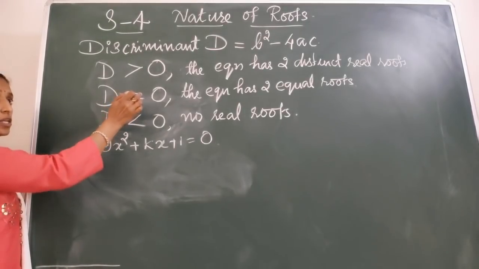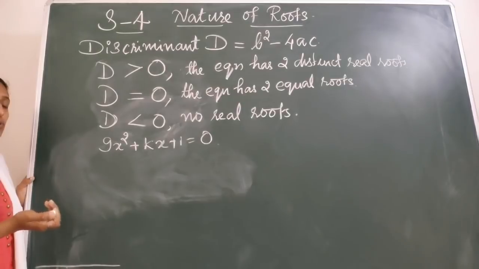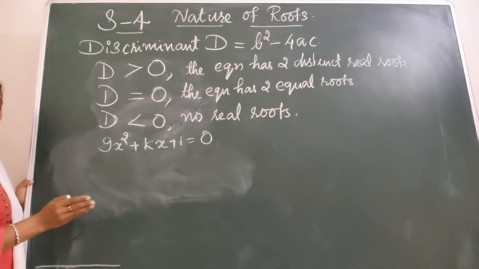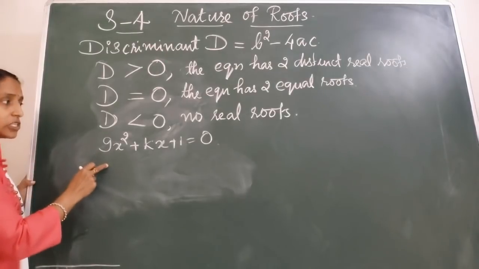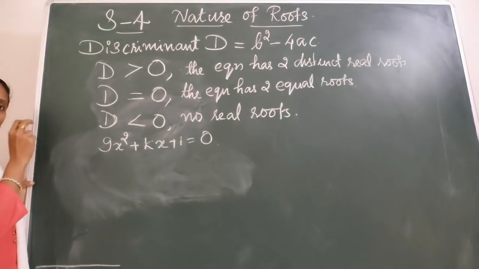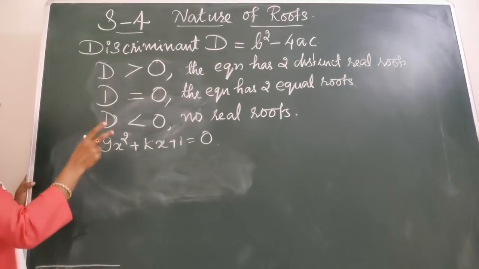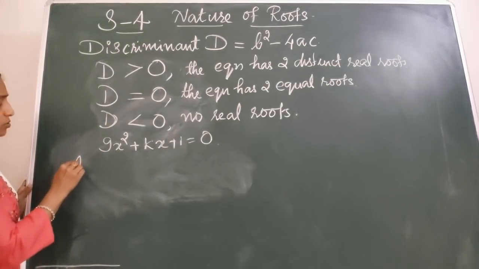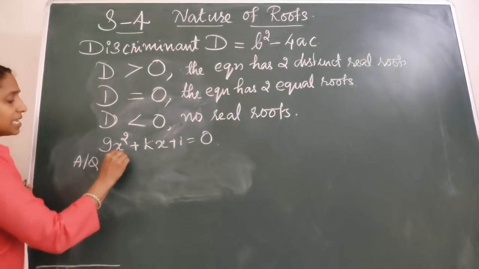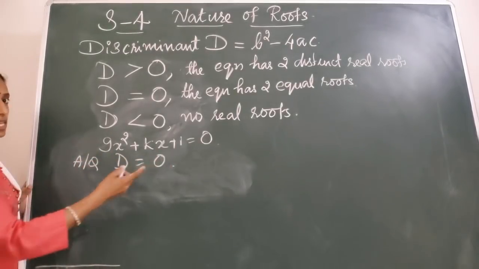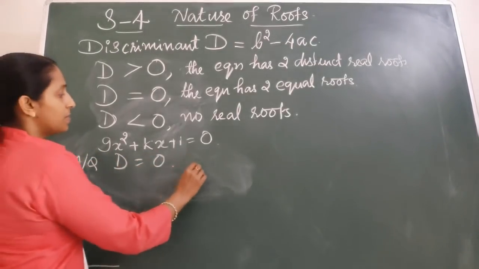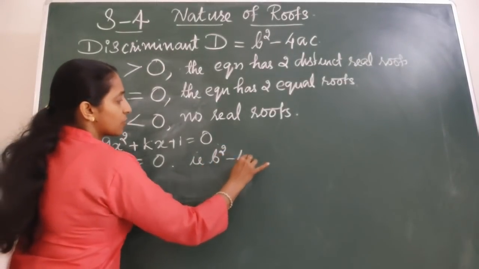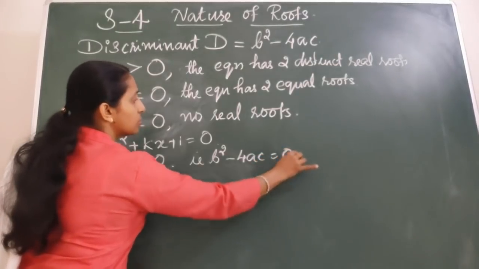Equation has equal roots means what we have to do? We have to take the value of b square minus 4ac. As the condition says the equation has equal roots, you will equate it to 0. That means according to the question D will be equal to 0, so b square minus 4ac will be equal to 0.